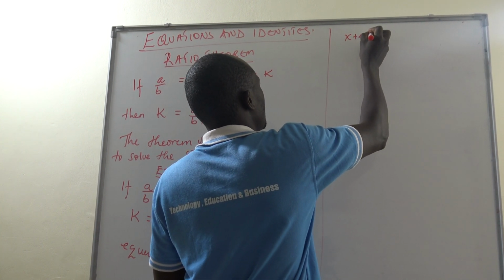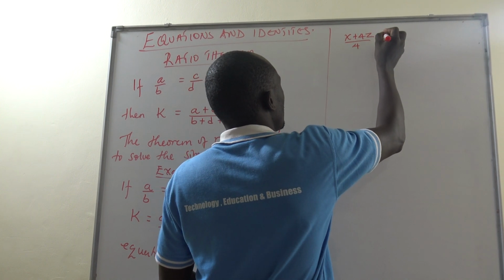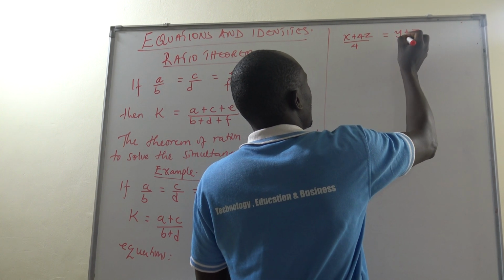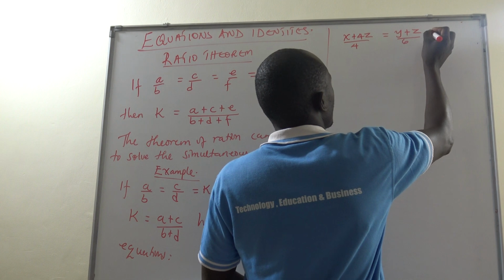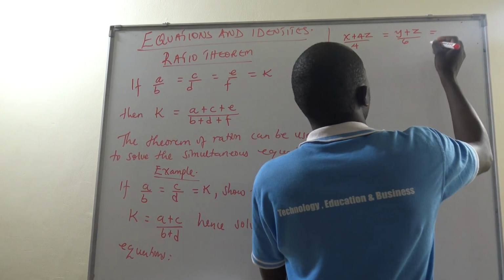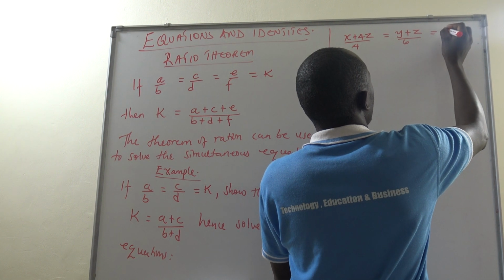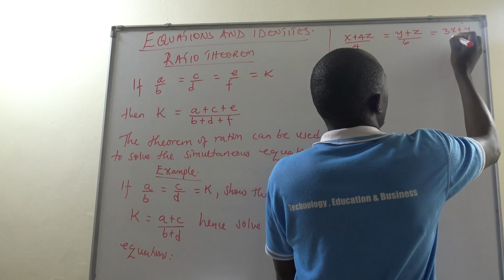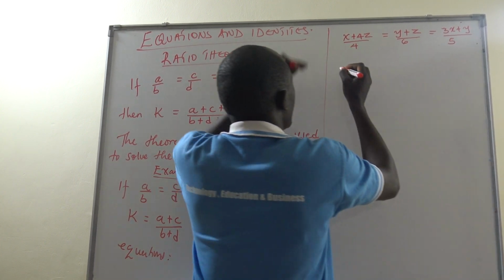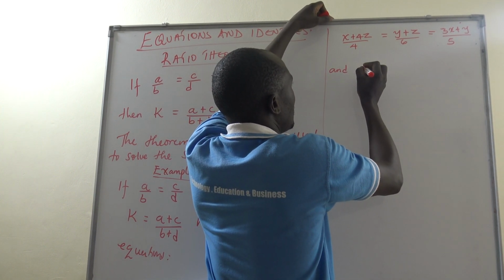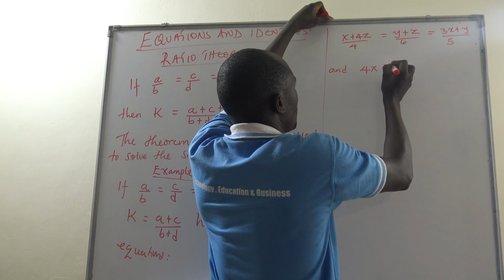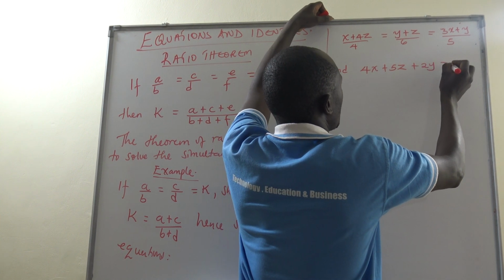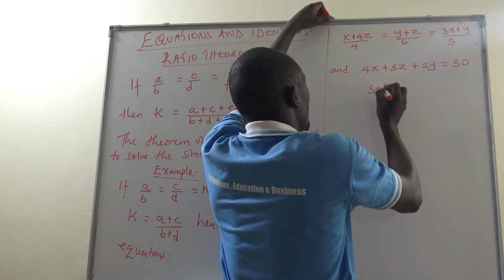X plus 4z out of 4 equals y plus z out of 6 again equals 3x plus y all over 5 and 4x plus 5z plus 2y equals 30. So let's look at the solution.